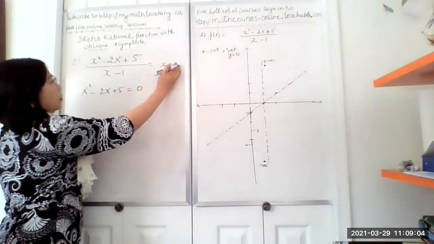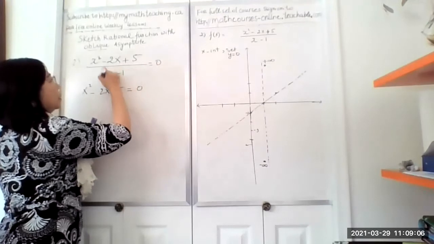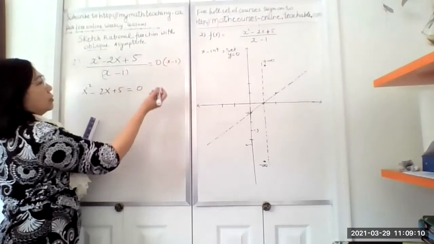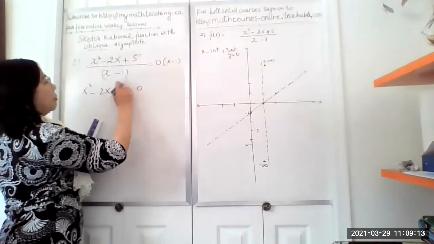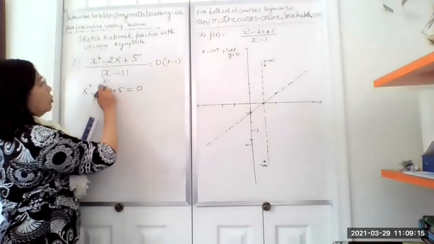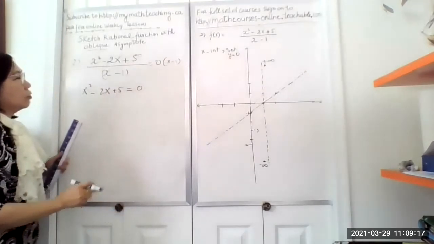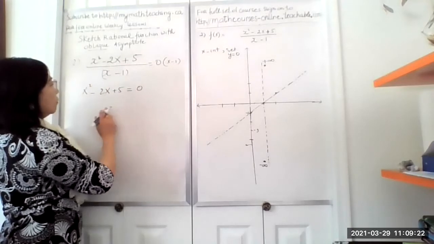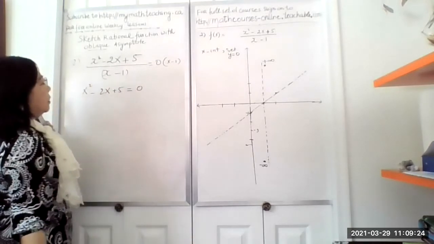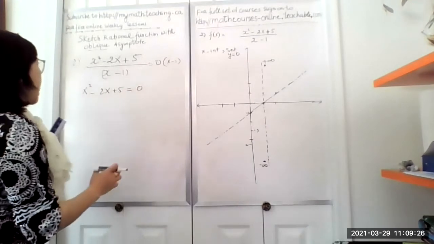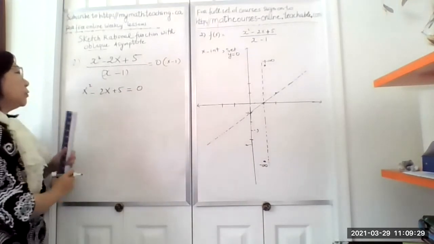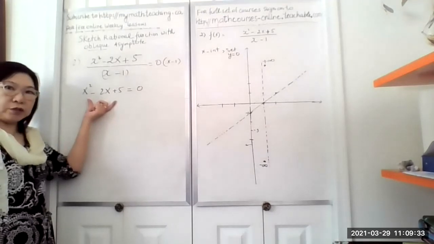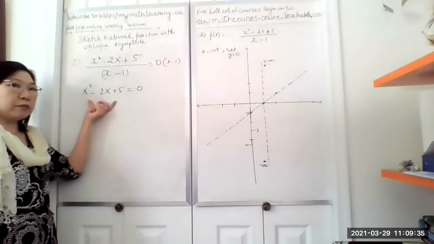Anything times 0 is 0 anyway, so we don't care about the denominator. What you care about is the numerator. So when you set y equals 0, it means you set the numerator equal to 0. Let's solve for the x-intercept in here. By inspection, I'm going to tell you that this function has imaginary roots, which means we don't have an x-intercept.